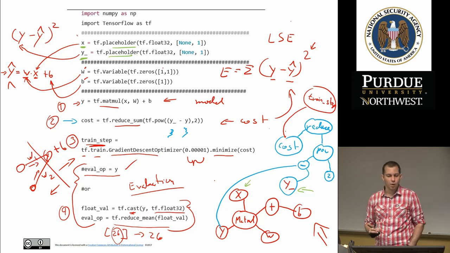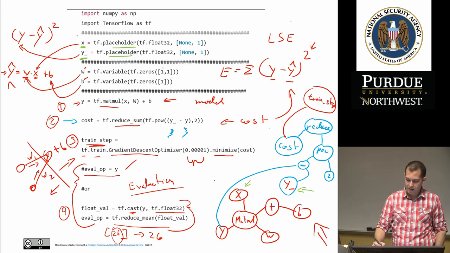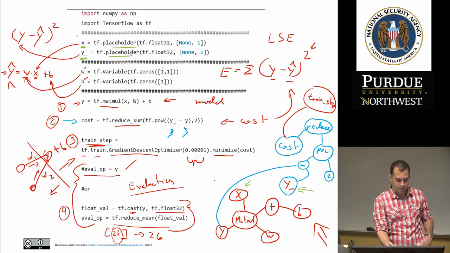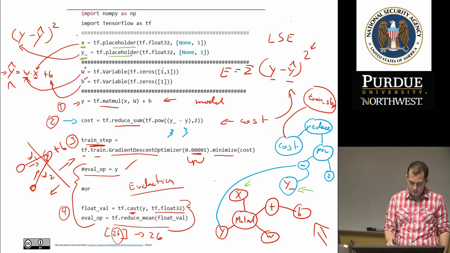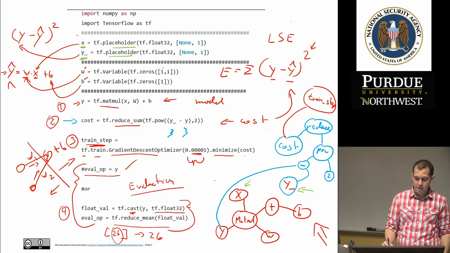Now when we run train step, we actually have access to all of this in the graph. Notice that by calling train step, we basically call the gradient descent optimizer, which uses the learning rate 0.0001. Then we minimize the cost function, which is this. The cost function, as we know, is a reduce here, linked to y and also this y here, and so on.